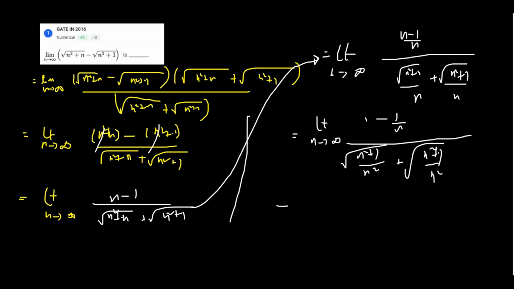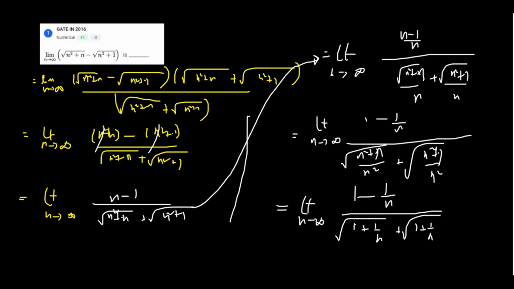Further proceeding we will get limit n tends to infinity of 1 minus 1 by n, and in the denominator root over of 1 plus 1 over n, and in the next part root over of 1 plus 1 by n square.